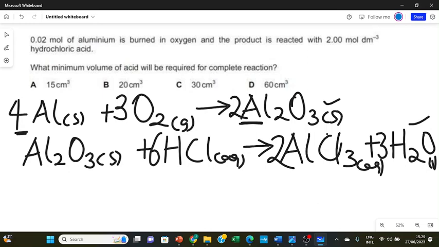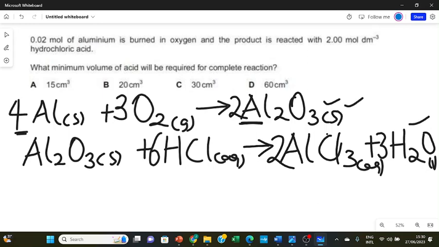Now, I am asked to calculate the minimum volume of acid that will be required for complete reaction. So from the equation, 0.02 mole of aluminum is burned in oxygen, and the product reacted with 2.00 mole per dm cube hydrochloric acid.